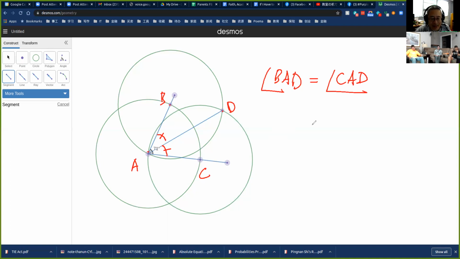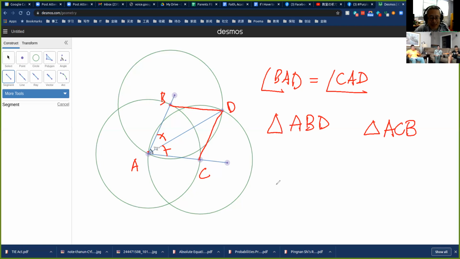It is bisecting. So what we can see here is that if we connect here to here, and connect here to here, now we actually have 2 triangles. One is triangle ABD. Another is triangle ACD, right?